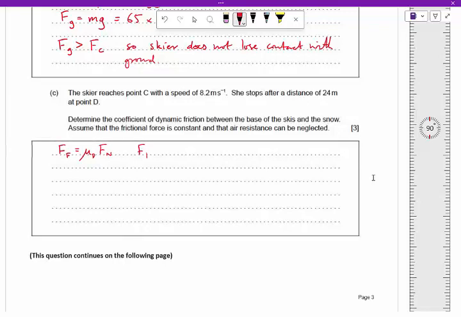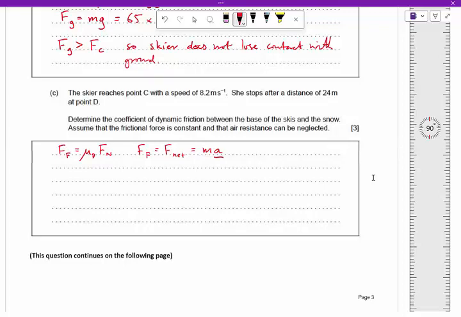We can say F friction is equal to F net, because it's the only horizontal force acting on her during this part of the run, and that must be equal to MA. We don't know A, but we can use kinematics to work it out.